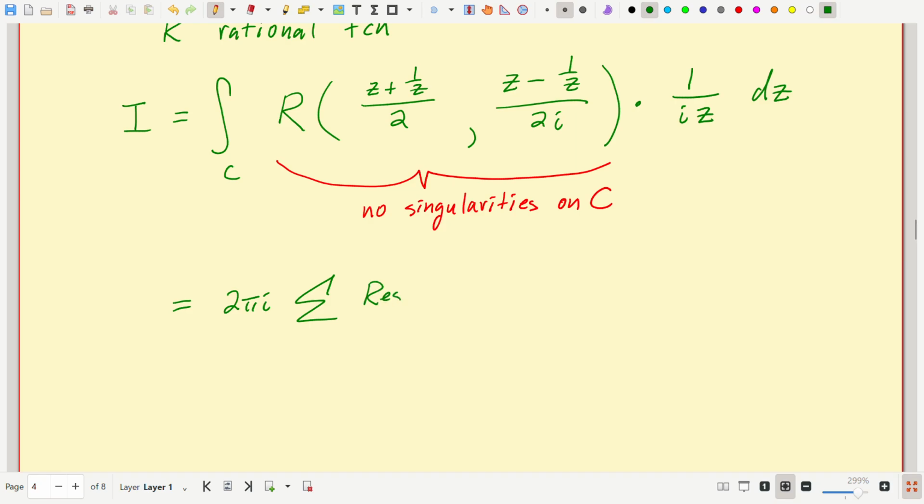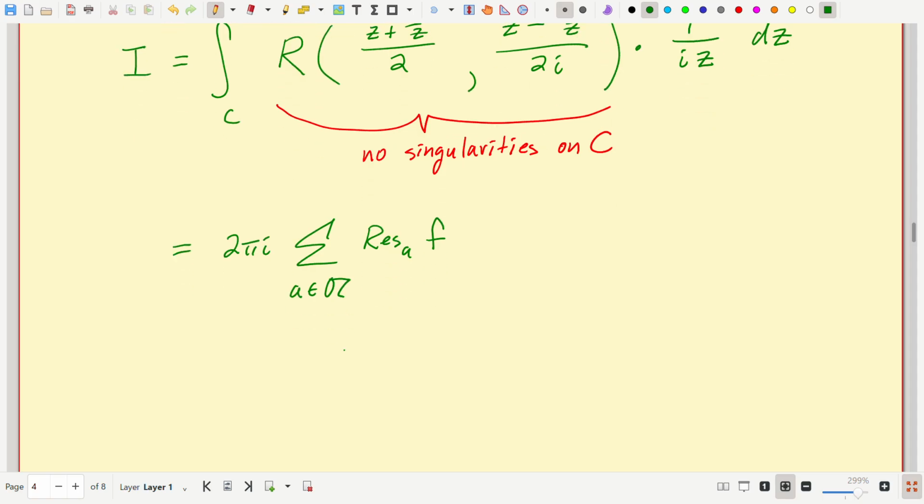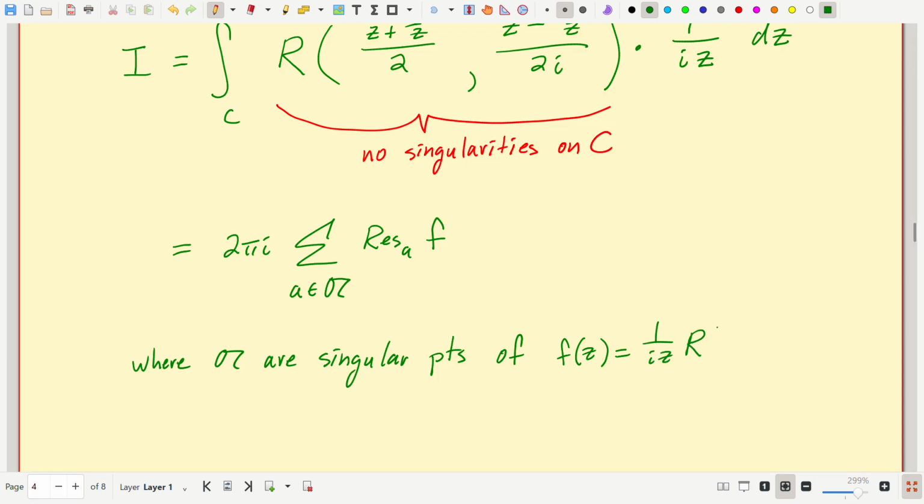So the sum of the residues of f at a, where a is in a finite set, where a are the singular points of f of z, which is that thing inside: f of z equals 1 over i times z times that rational function, z plus 1 over z over 2, z minus 1 over z over 2i.